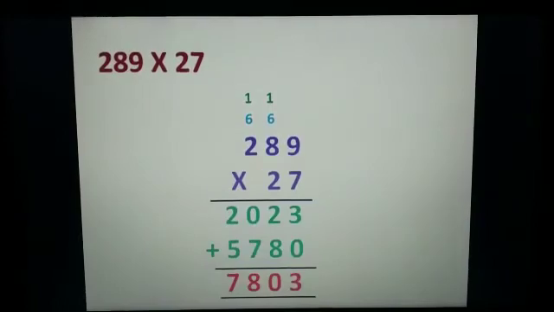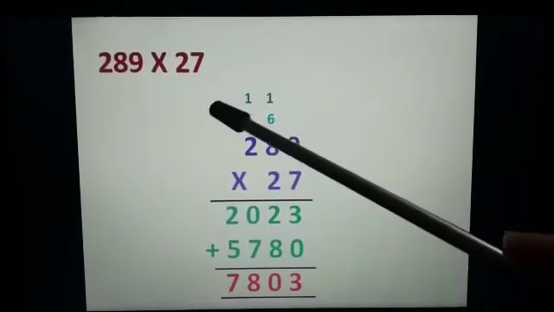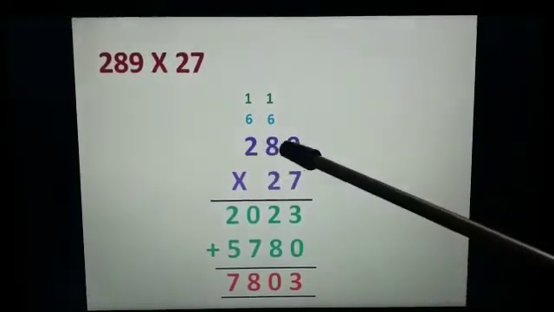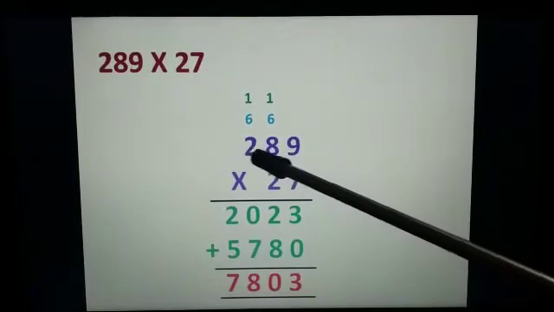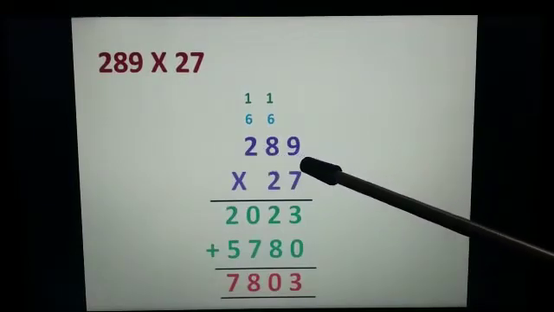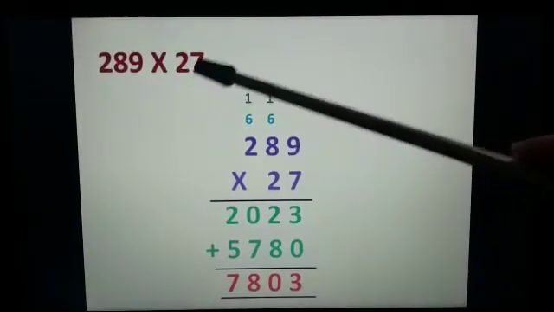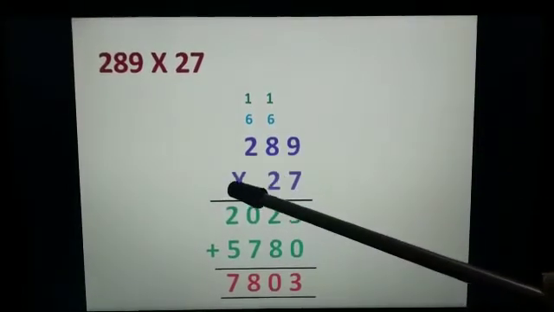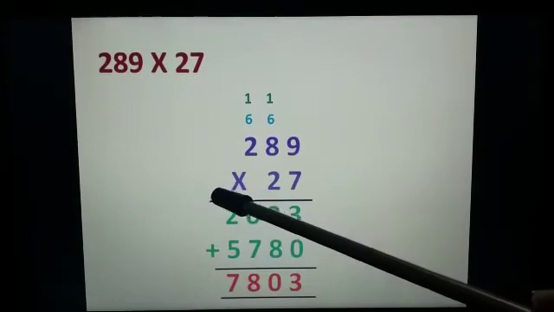Now let's solve one more example. 289 into 27. So first of all, we will arrange this number. First we write 289. Then we will write this number one below the other and put the symbol of multiplication.